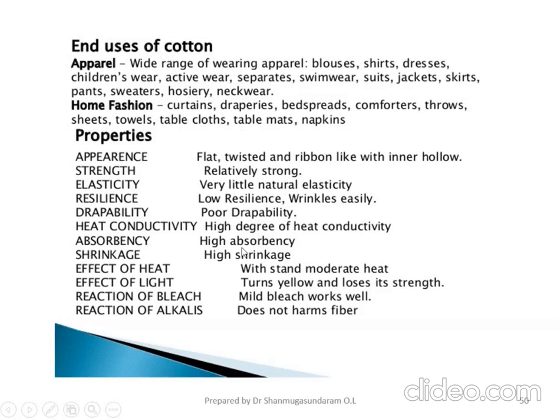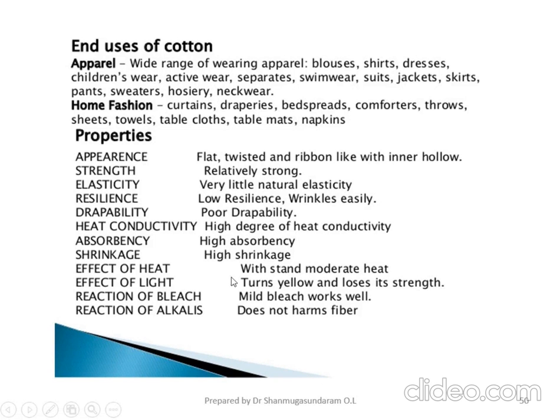Then absorbency, it has good absorbency. Shrinkage, it has high shrinkage because the fiber tends to shrink very easily. So in order to avoid the shrinkage, we are mixing with polyester fiber. So it will avoid the shrinkage of the cotton fiber. Then coming to the effect of heat, it withstands moderate heat. Effect of light, it turns yellow and loses its strength.